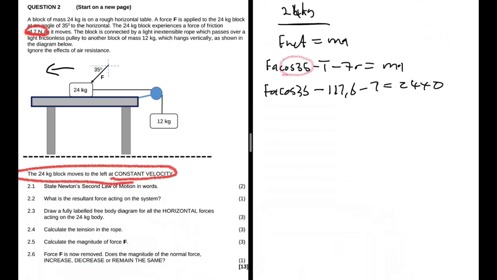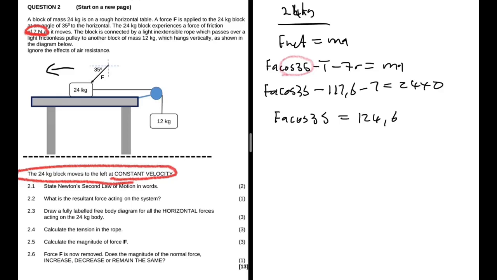So from here, we're going to have Fa cos of 35 equals 24 multiplied by 0, which is 0, right? And then we take minus 117.6 and minus 7 to the right-hand side.